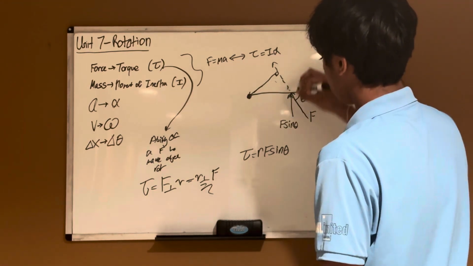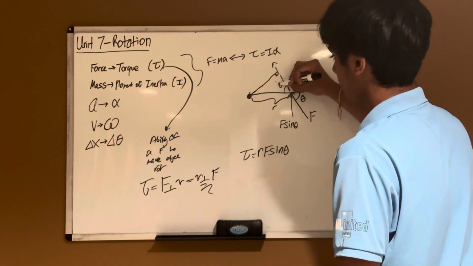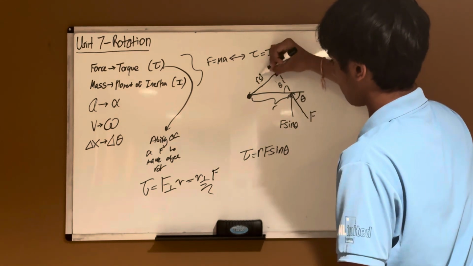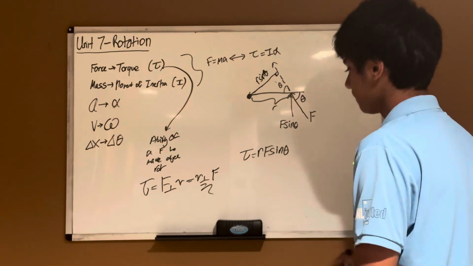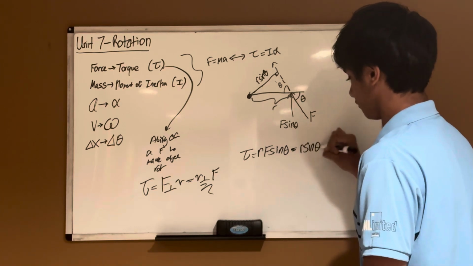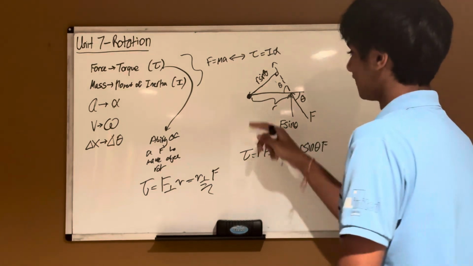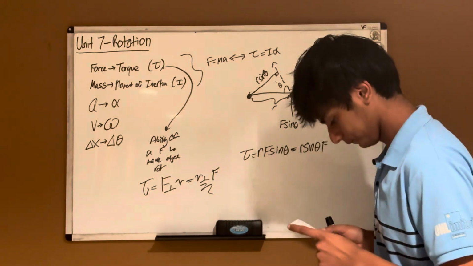If this is R and this is theta, the hypotenuse is R, so the perpendicular distance is R sine theta. So this also equals R sine theta times F, which is the same thing as before. So there are two ways to look at torque from a diagram.